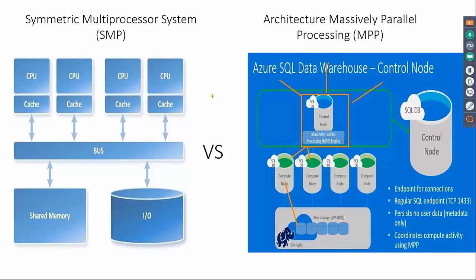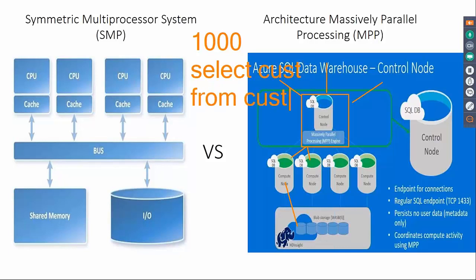That means that if we have a really small table with 1,000 rows, and somebody is querying the customer ID from the customer table, the idea is that the control node is going to receive the query. We're going to bring that query here, and each compute node is going to look after 250 rows.